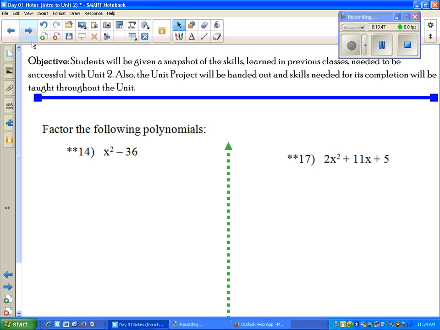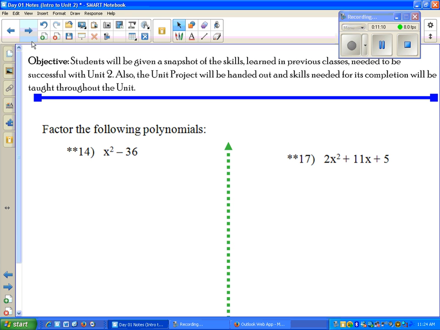All right. So now we're talking about special, different kinds of factoring. What we just did was greatest common factor and basic factoring, where there's not a number in front of the x squared. Number 14, there's only 2 terms. I have x squared minus 36.